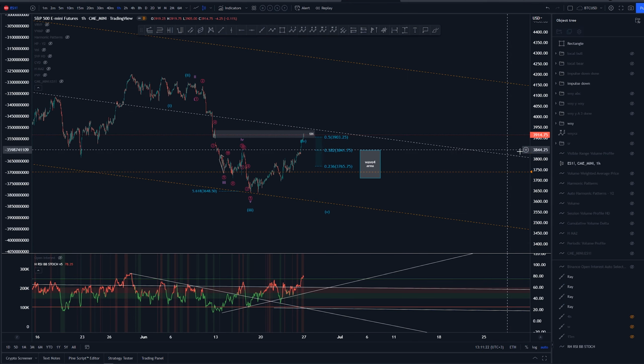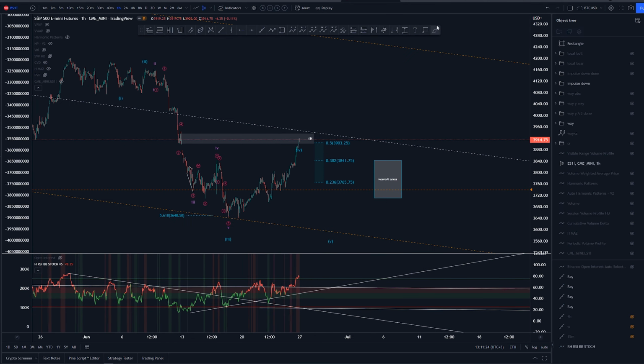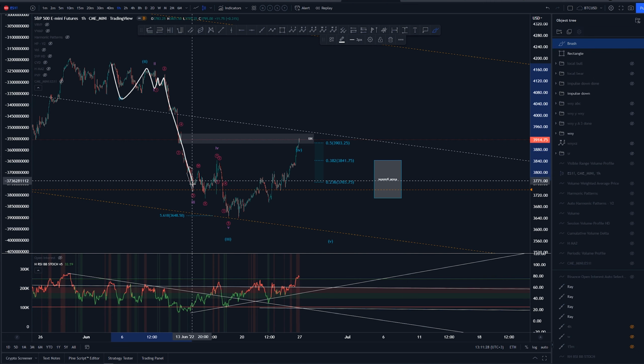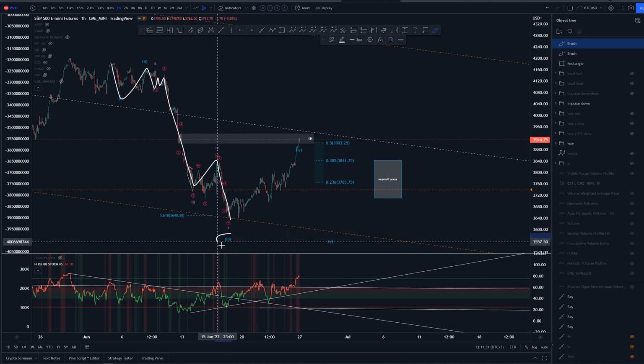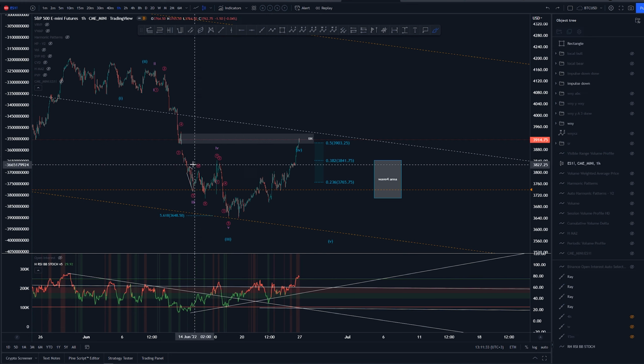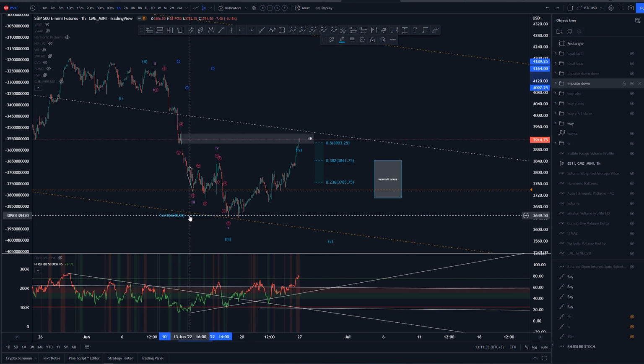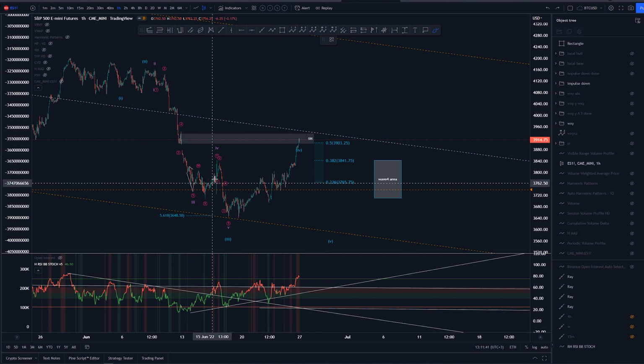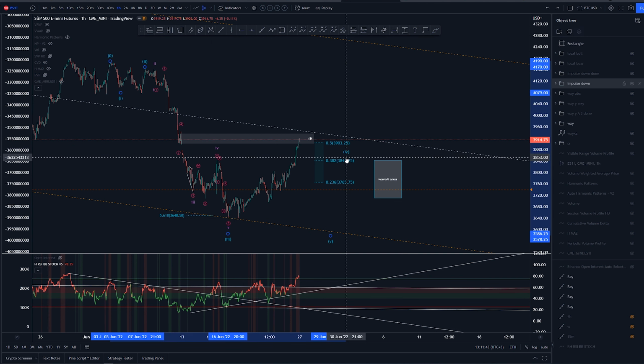This is one of the scenarios in which we were tracking before, saying that we had a 1, 2, 1, 2, 1, 2, 3, 4, and 5 into the third of minuet here. Now, the issue with this one was the extension that we had with the wave 1 compared to this wave 3. Now, at this point again, we would be expecting wave 4.